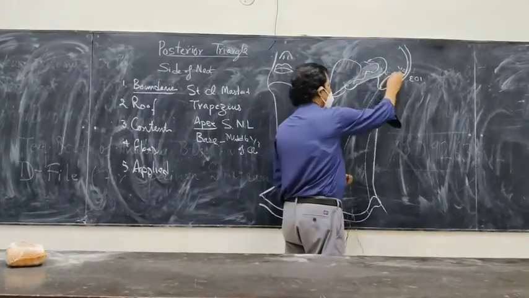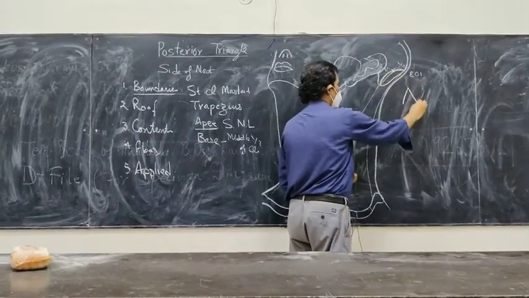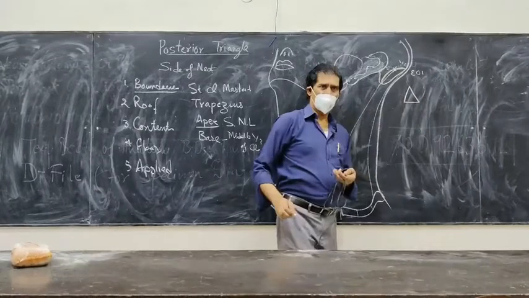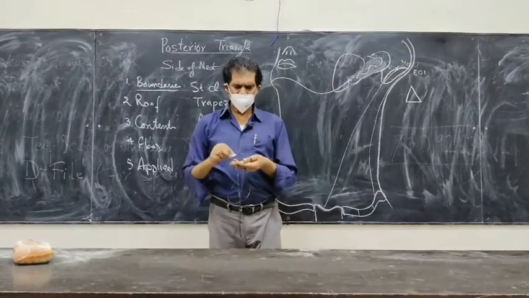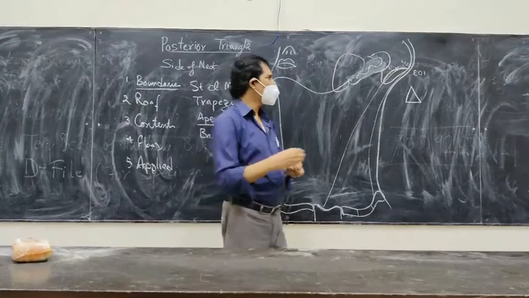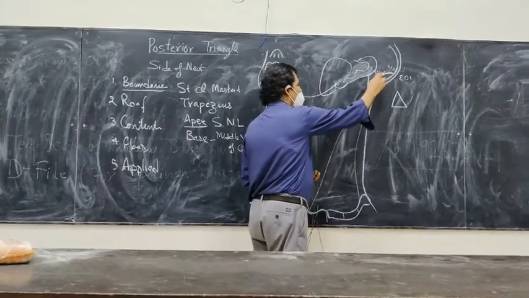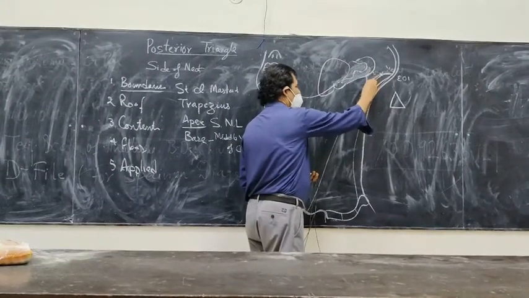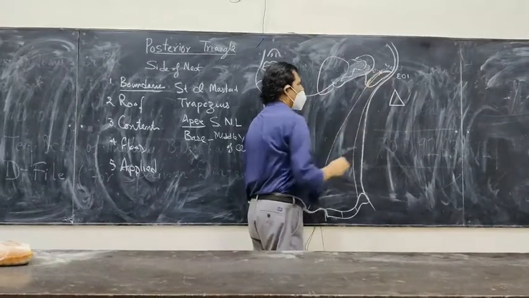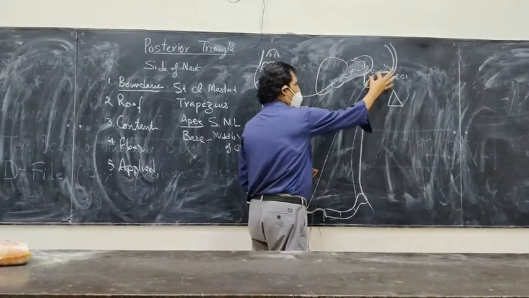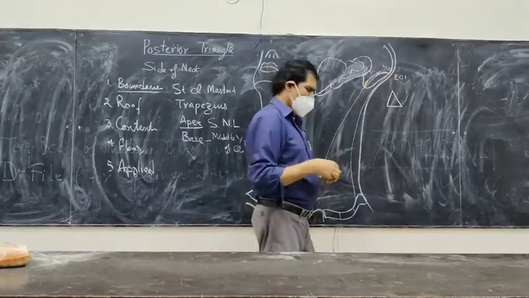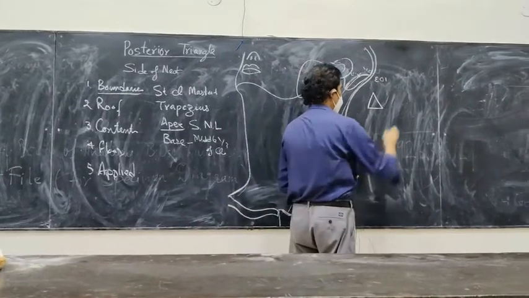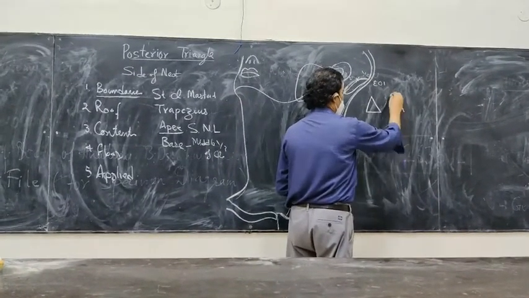The apex is pointed, but in some individuals the insertion of the sternocleidomastoid is limited to the lateral one third only. Small, only lateral one third. Then a gap remains here. In these individuals the apex is like this.